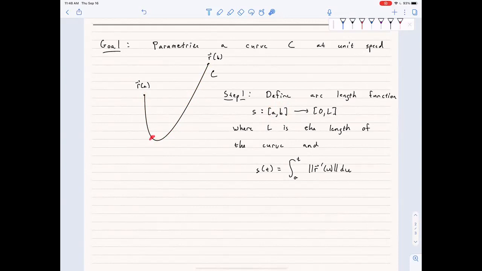What is s of t going to return? s of t says how far you've traveled. It's the length up to that point. So when you're at time a, you haven't traveled at all. When you're at the end of your journey, you've gone the whole length of the curve, L. And in between, you get this mess as far as the formula goes. Clear? Good.